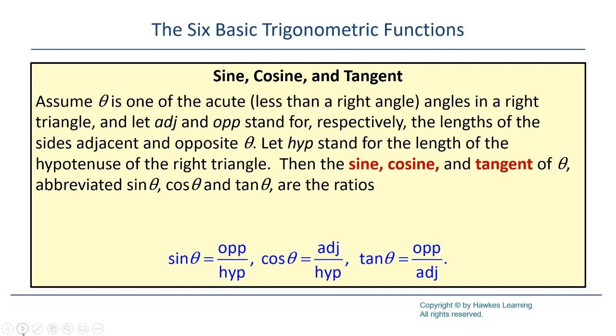So, basic trig function. Assume theta is one of the acute angles in a right triangle. We're going to let adjacent and opposite stand for, respectively, the lengths of the sides adjacent and opposite to angle theta.